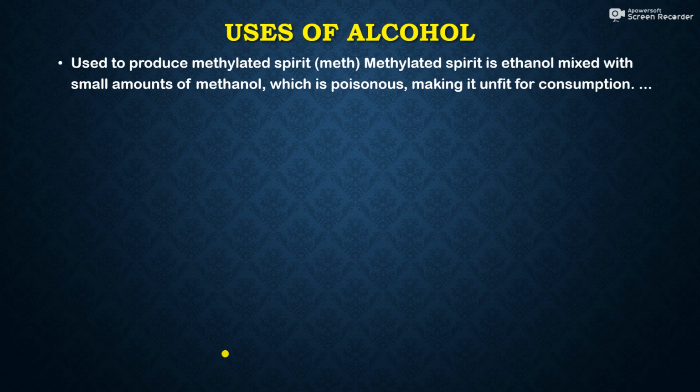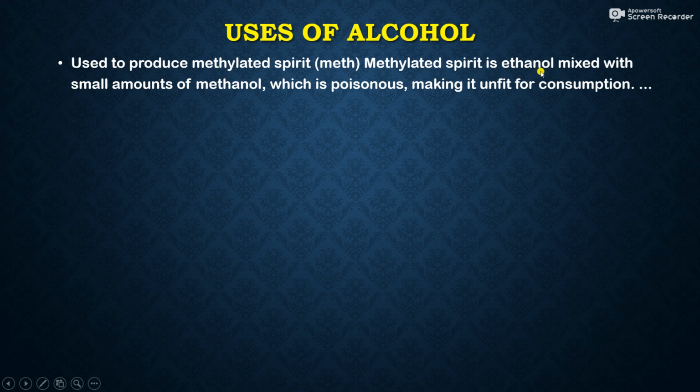So friends, we can write several alcohols like this by using this general formula functional group. Alcohols are very useful in different fields, different industries. Initially, the first use of alcohol is to produce spirit, methylated spirit.